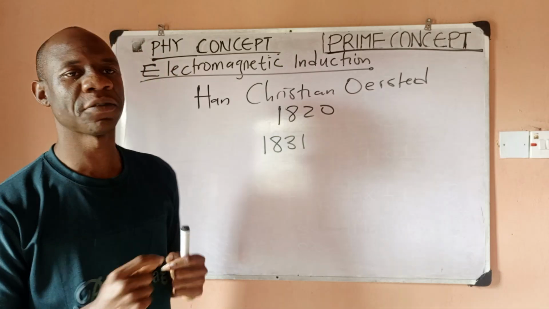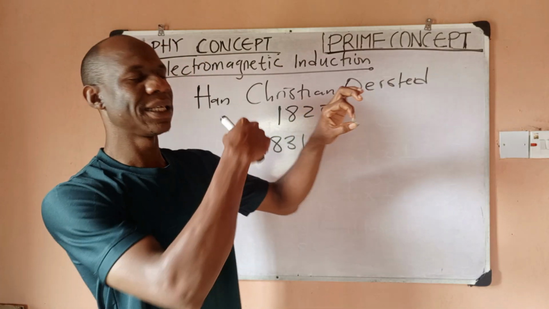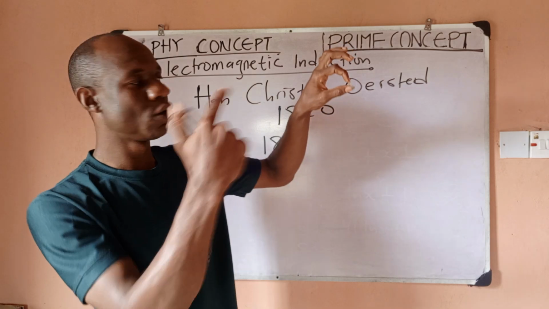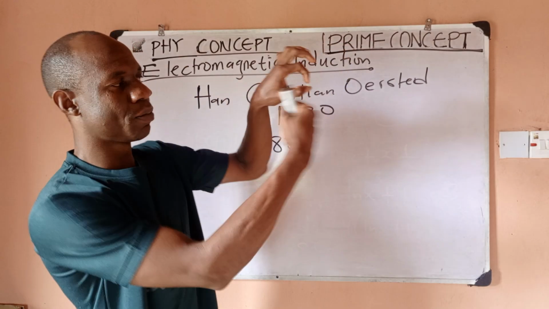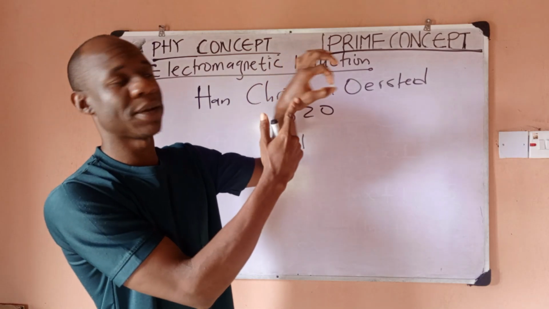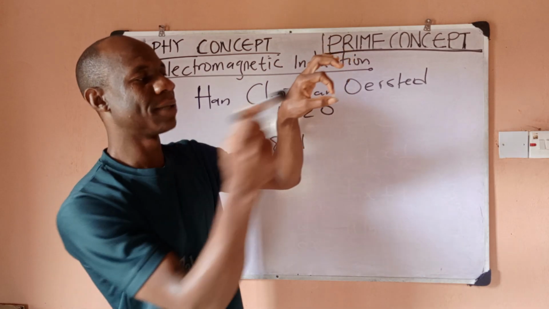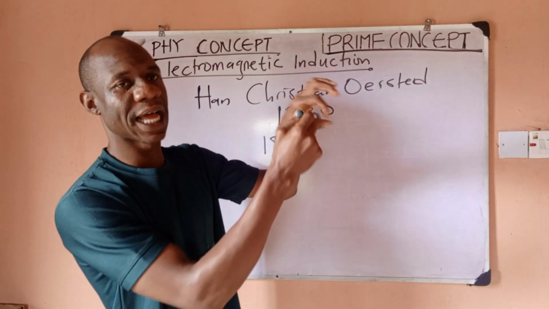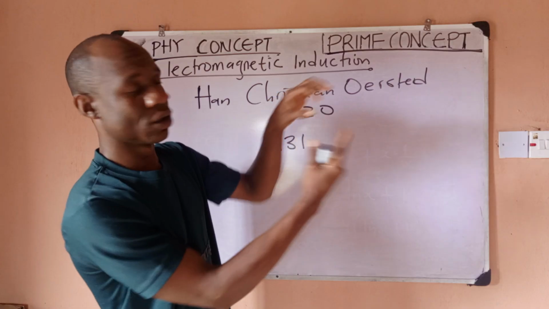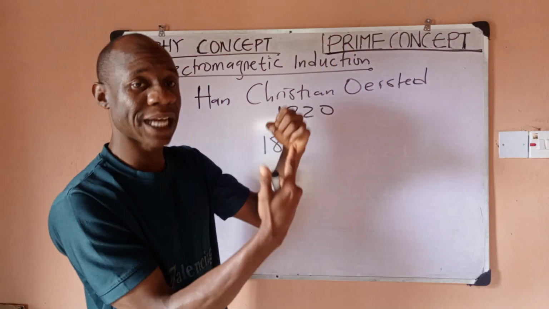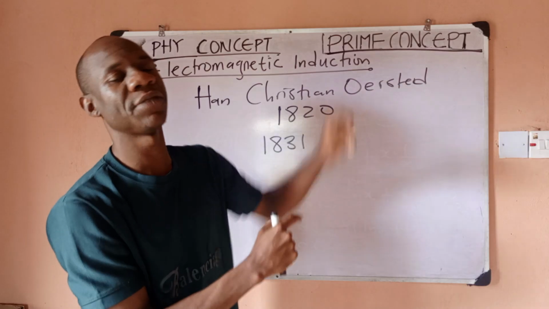So what did Michael Faraday do? He brought a conductor and made it into a loop. A loop is a closed path, just like you can see with my hand. Then he brought a magnet and moved the magnet in and out of that loop. He connected the conductor to a galvanometer so that if there is current in the conductor, it would be detected.